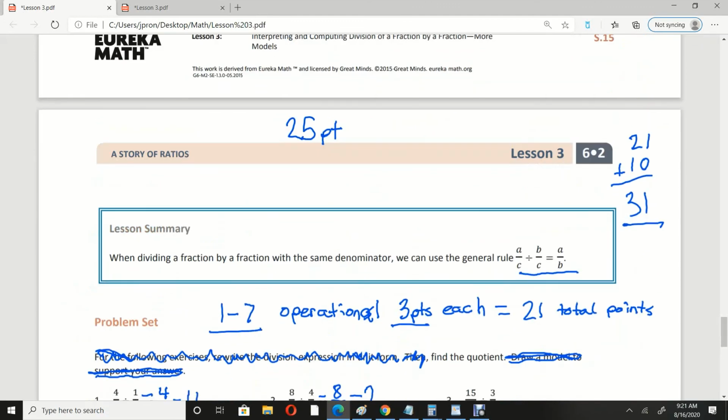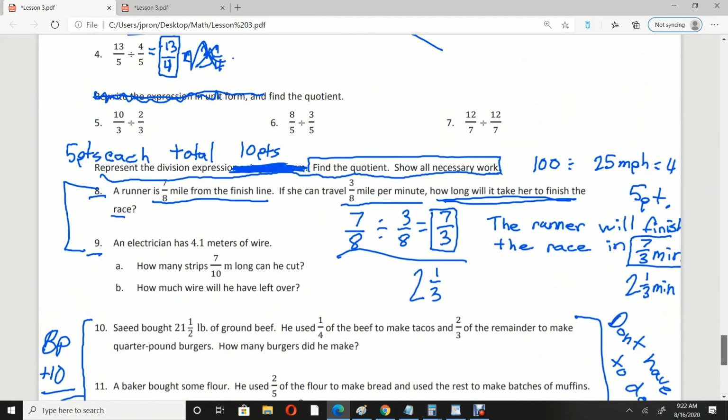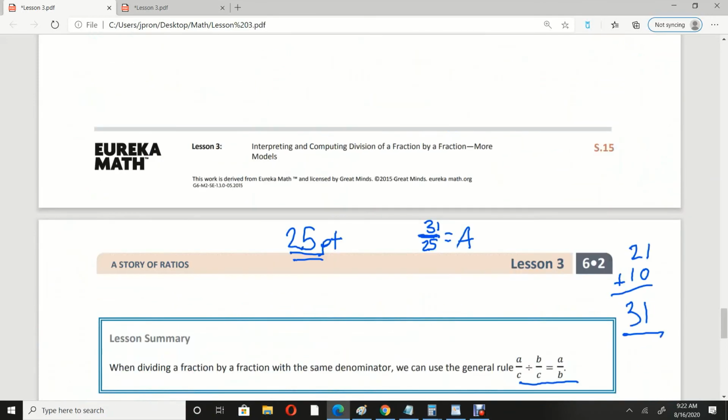Well, you're not going to get more than 100. Even though you have 31 over 25, that's more than 100, you're only going to get an A. Okay? All right, so you only need 25 points, but you can shoot for 31, and the bonus points will count towards bonus points, which will be their own thing. Okay, you can't get more than 100 points, right?